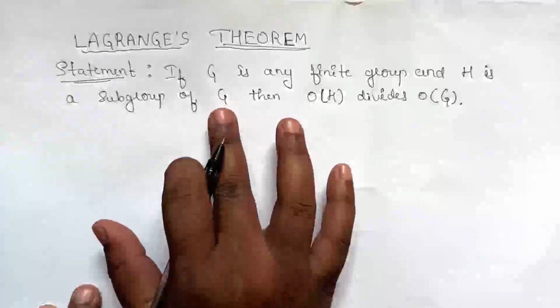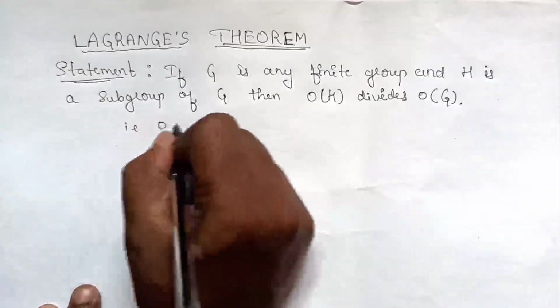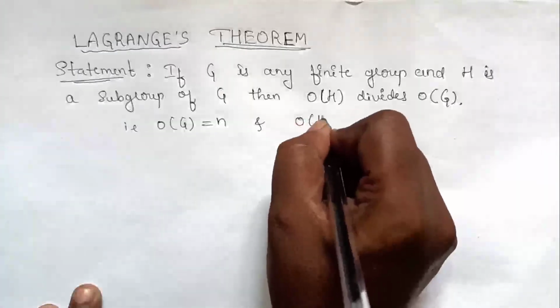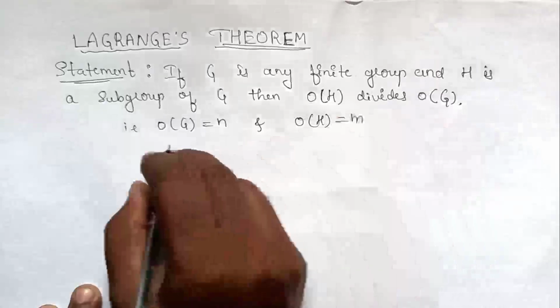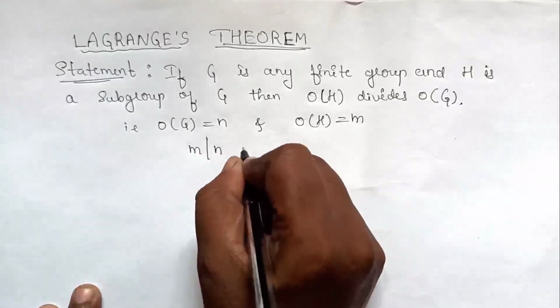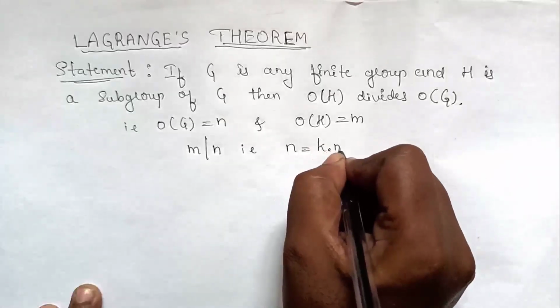It means that suppose the order of G is equal to n and the order of H is equal to m, then we have to show that m divides n, that is, n can be written as k into m.